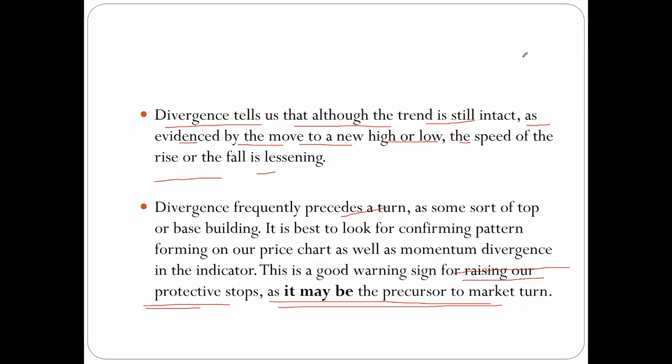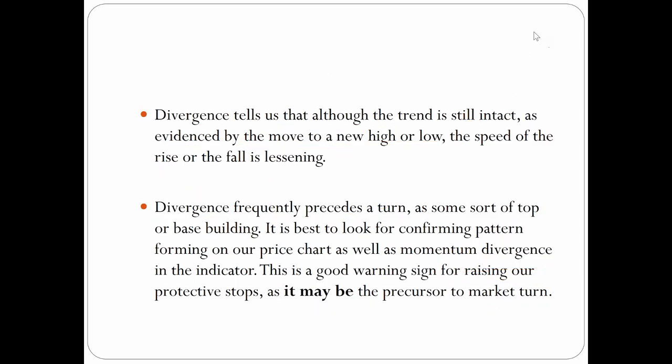Now when you see a divergence, you have to do two things. First, you have to look at the price patterns. Anything? By price patterns, I mean this is the price chart and this is the momentum chart. So when you're looking at a divergence here, you see a double top almost.